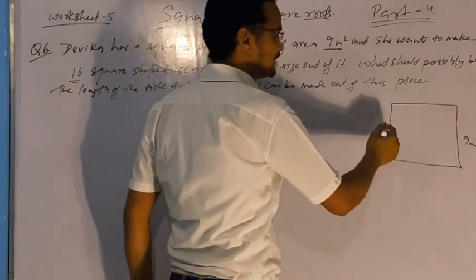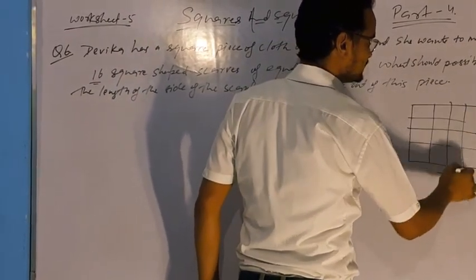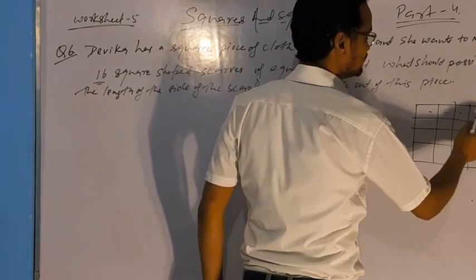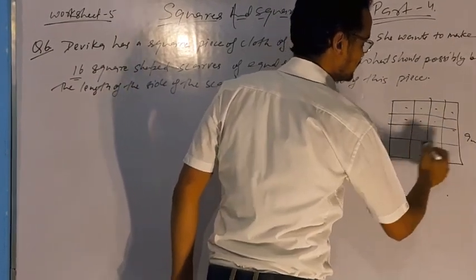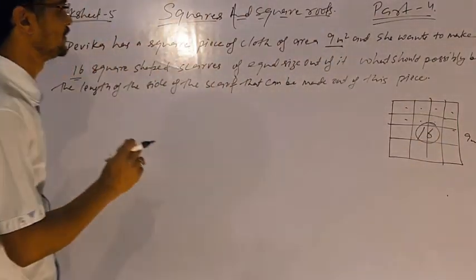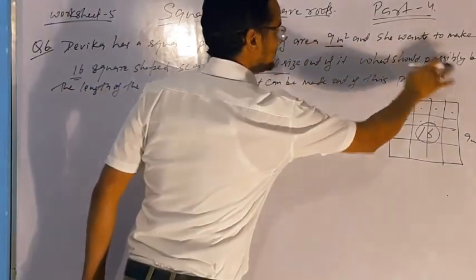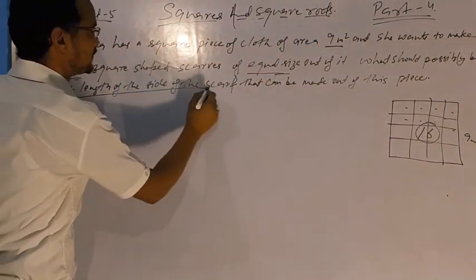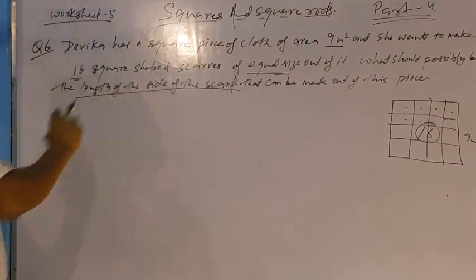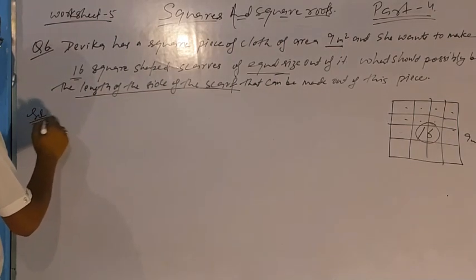She wants to make small scarves from this, 16 of them. She wants to make 16 small scarves of equal size. And what should possibly be the length of the side of the scarf that can be made out of it? Now we can solve it one by one.